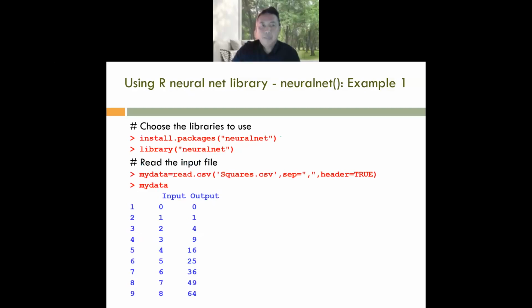Okay. So first of all, you need to install the package neuralnet. And by the way, in RStudio, we have many packages for neural networks. One of them is neuralnet. So we are reading the input CSV from this file, and this is our input, and this is our output, and this is the row name.